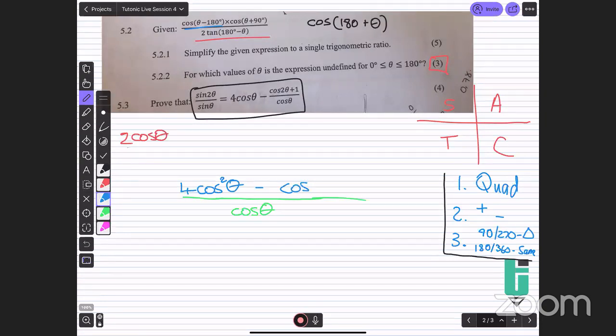The other one will stay the same. But we must just be very careful here, because this is in brackets, right? So therefore this is minus that. So it's actually minus 1. We must be careful with that.